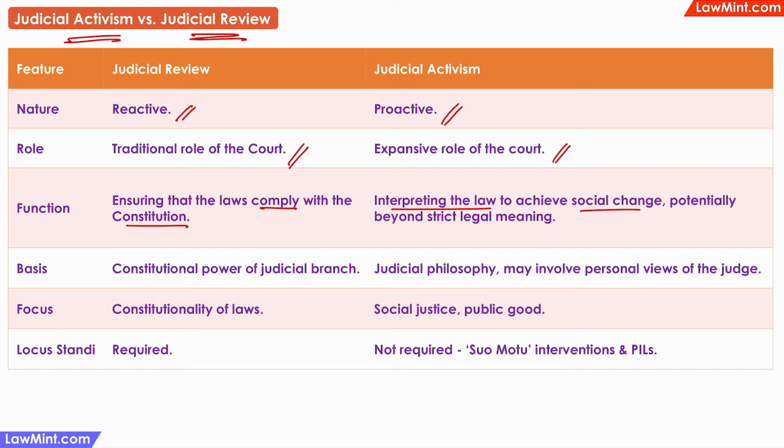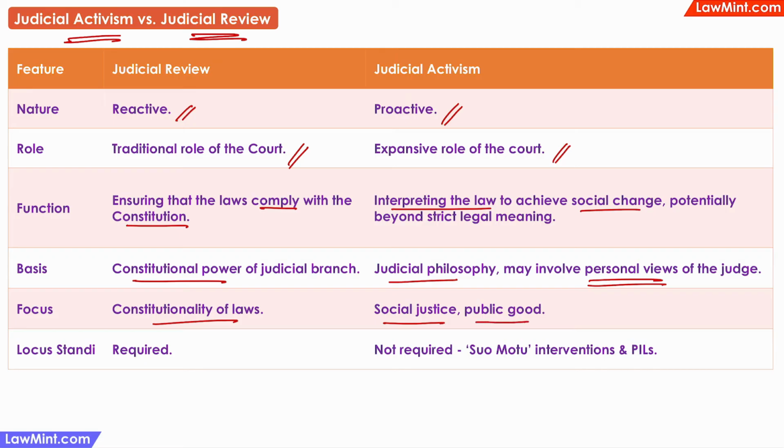The basis of review is constitutional power that is given to the court, whereas activism is based on the judicial philosophy and may involve the personal views of the judge, because judicial review is a mandatory part of the court's work, but activism is not. The focus of a judicial review is to ensure constitutionality of the laws, whereas activism looks at social justice and public good.